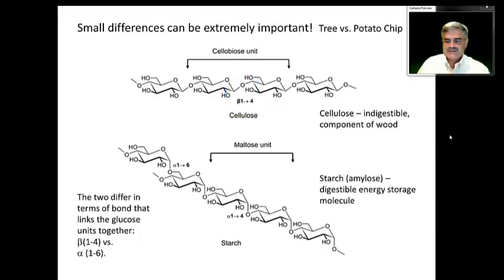That slight difference in the way the glucose units are linked together determines whether or not we can digest the material or not. That is, we can eat potatoes because we have enzymes that can break alpha 1,4 linkages. We and other animals do not have enzymes that can break beta 1,4 linkages. So that's why we cannot digest wood.